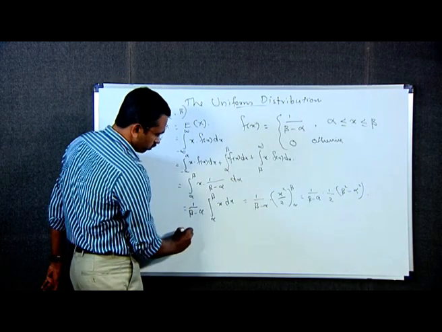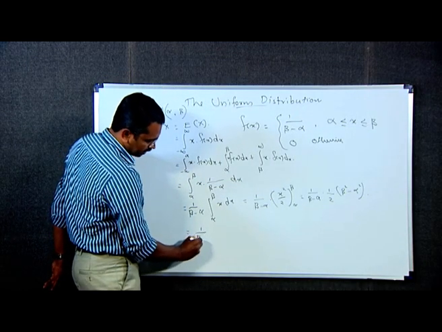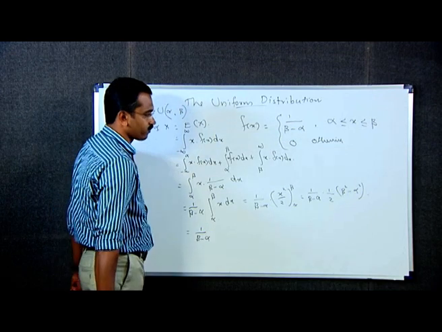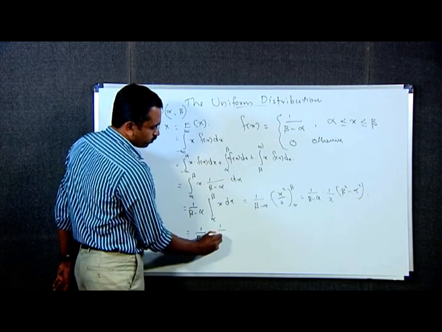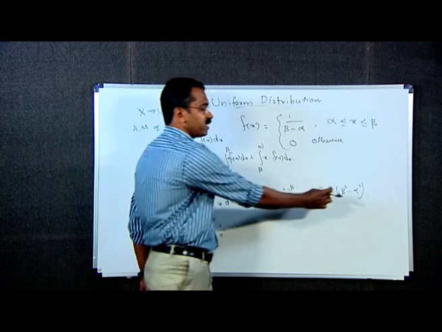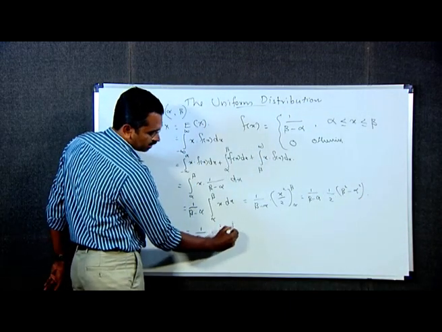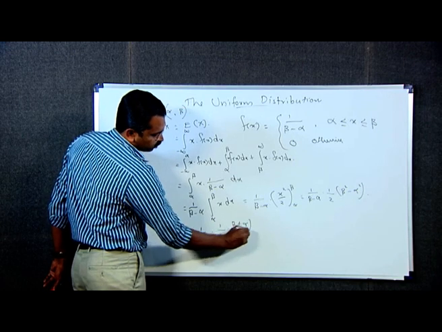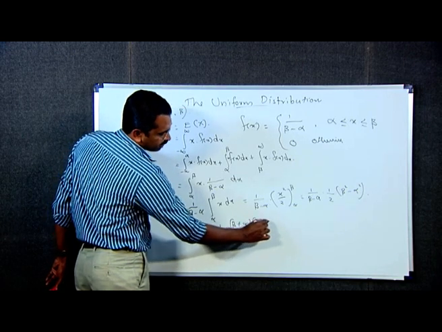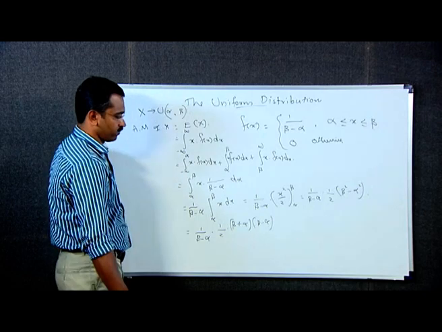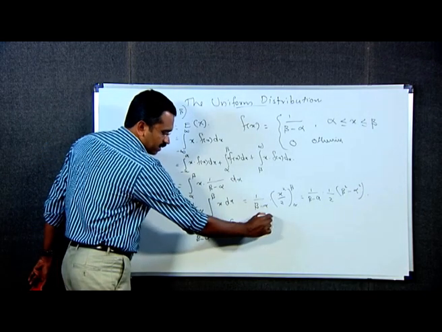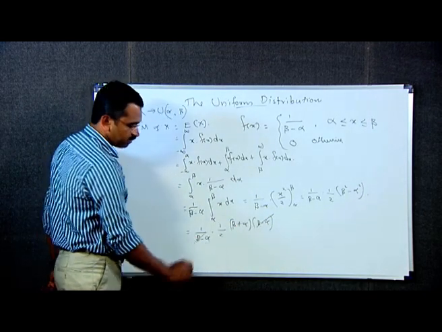That is equal to 1 by beta minus alpha into 1 by 2 into this beta square minus alpha square, which can be written as beta plus alpha into beta minus alpha. This beta minus alpha and beta minus alpha cancelled.